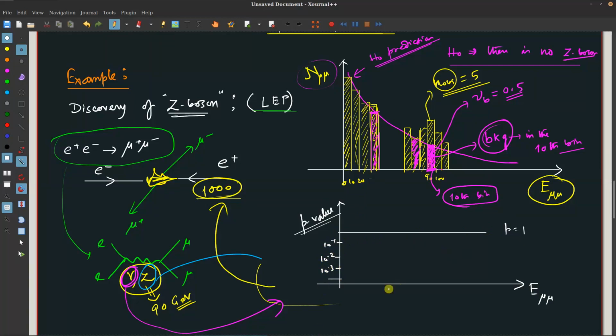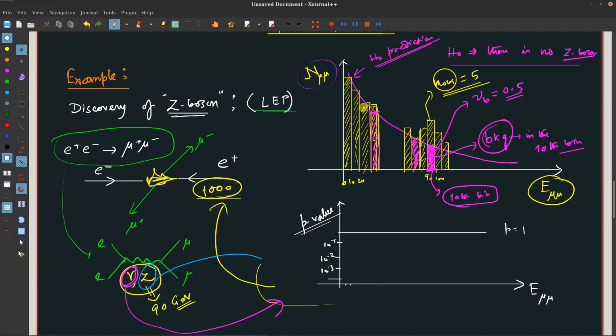Now again, E mu mu has these small bins and so on. On this part, apart from this small region, everywhere my data is agreeing with the background only hypothesis.